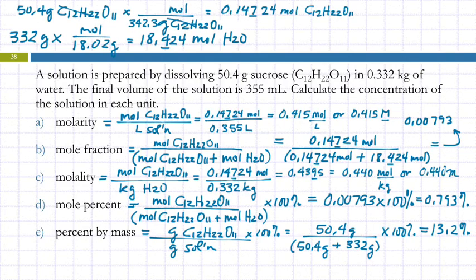No, D and E, different numbers. Gotcha. That's because sucrose has a high molar mass and water has a low molar mass. And so whether you're looking at it by mass or by moles, the percentages are going to be really different.